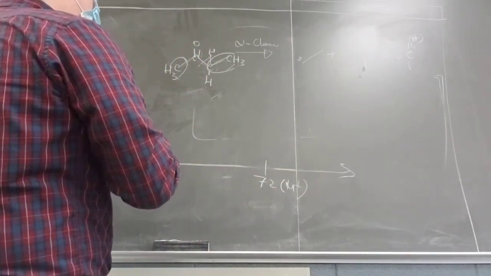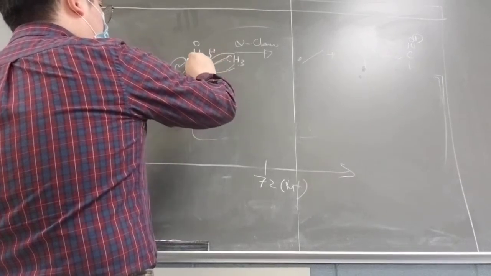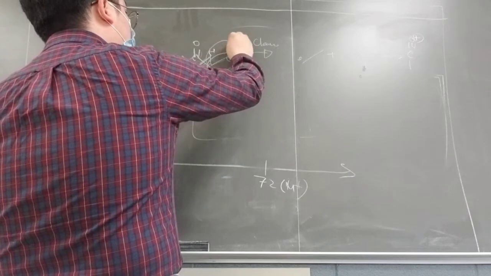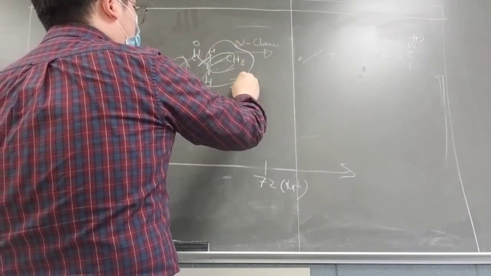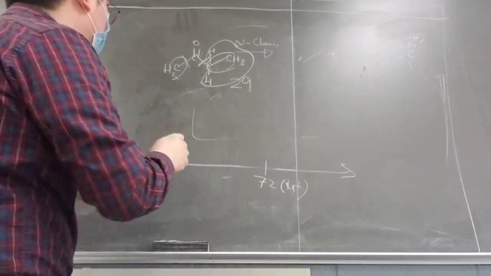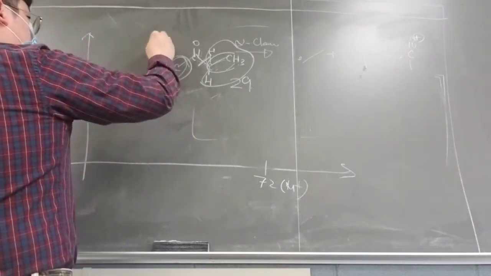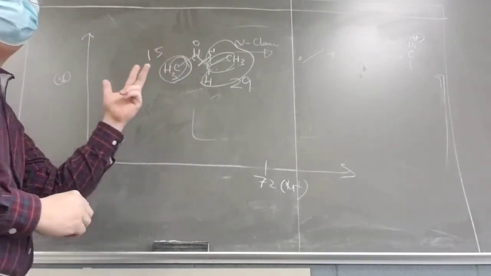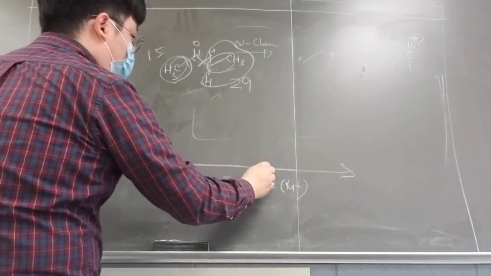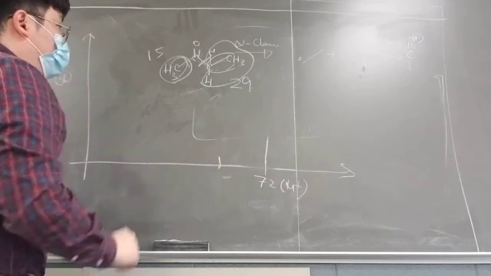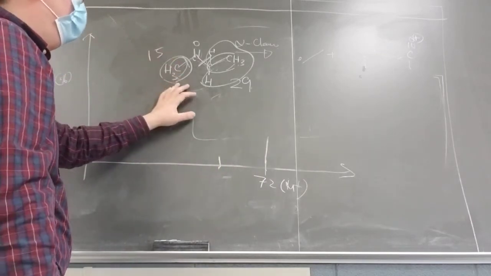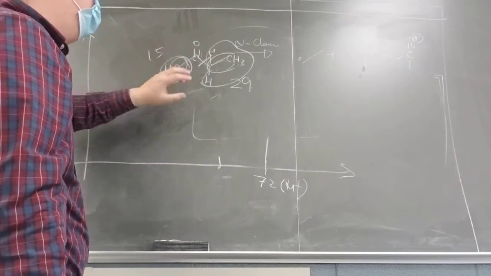And then let's say if they really did show those two over here, you could see once again, this is going to be 29 that you're losing, because it's carbon, carbon, 5 hydrogen. If you're losing this one, it will be 15 because it's 3 hydrogen, 1 carbon. 12 plus 3 is 15. So you have some over there. You're not going to have a lot of this one lost because this is kind of hard to break.